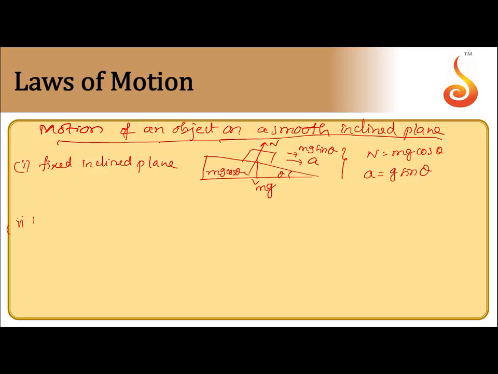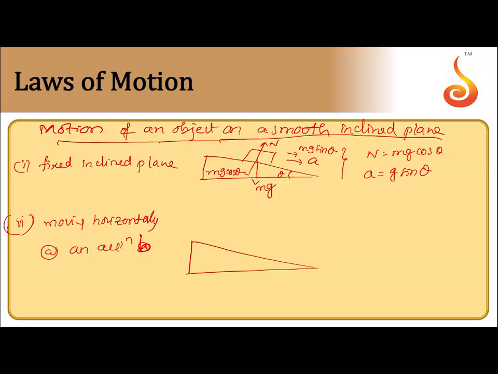Now let me consider one more case. This time let's assume that the inclined plane is moving horizontally at an acceleration a, or say I'll take this b to make things easy.